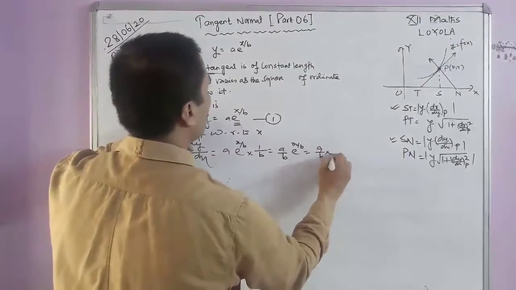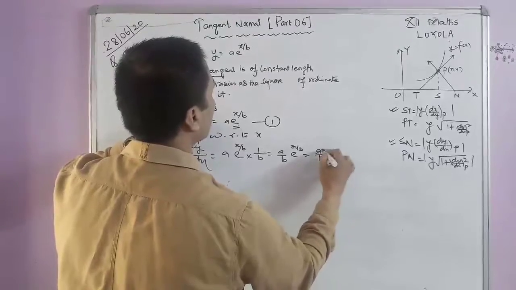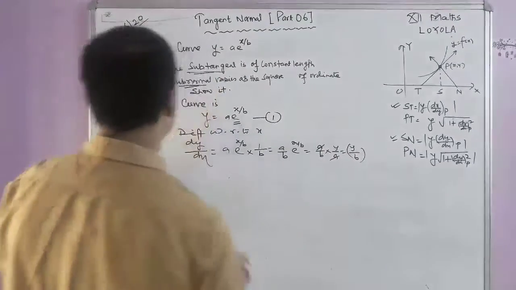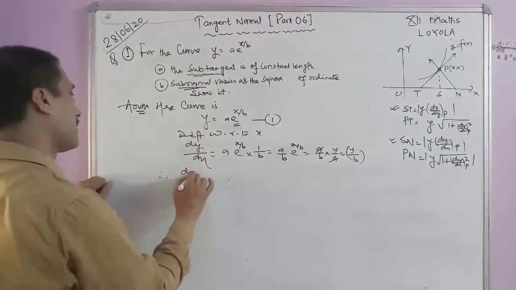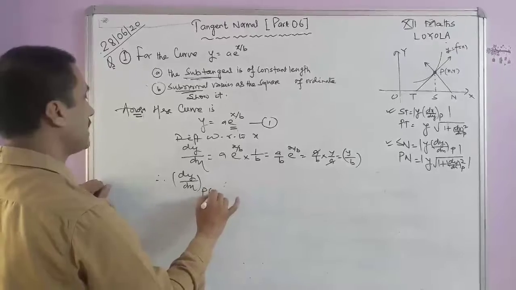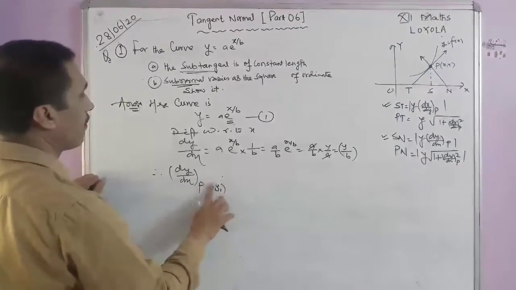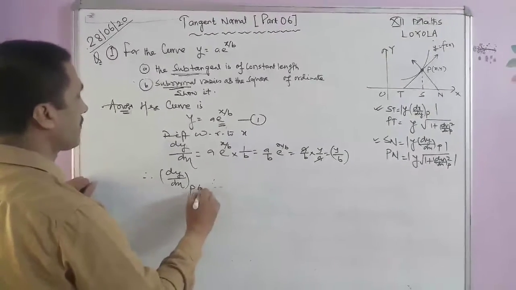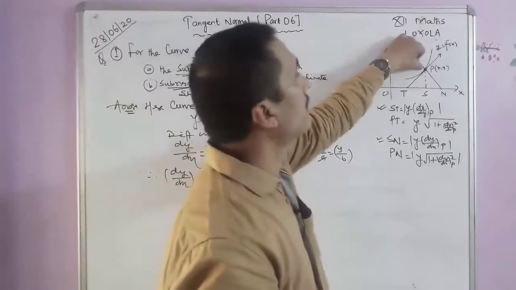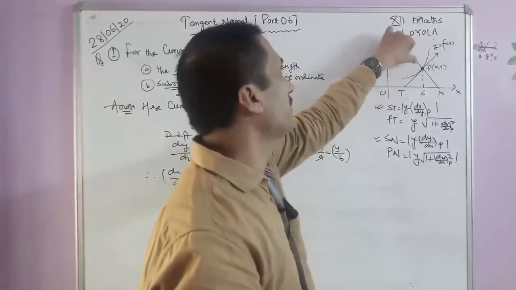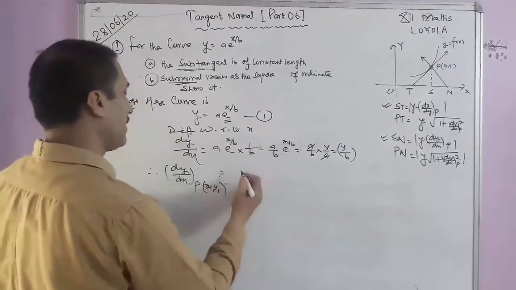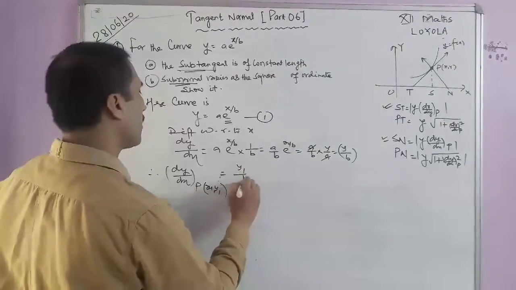So a by b into y by a, cancelling a and a, this is equal to y by b. Therefore dy by dx at P(x1, y1), let the coordinate of point P be (x1, y1) or (h, k) or (alpha, beta), will be y1 upon b.